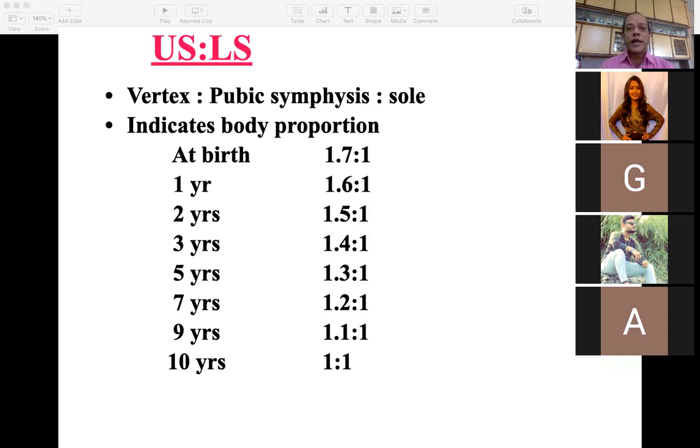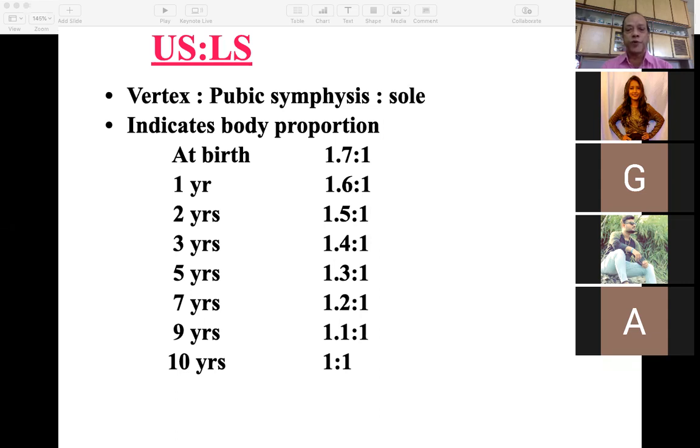Simple formula again, at birth it is 1.7:1. It decreases by 0.1 every year for the first 3 years. So you can remember 1.6:1 at 1 year, 1.5 at 2 years, 1.4 at 3 years. And after that, a 0.1 decrease every 2 years.